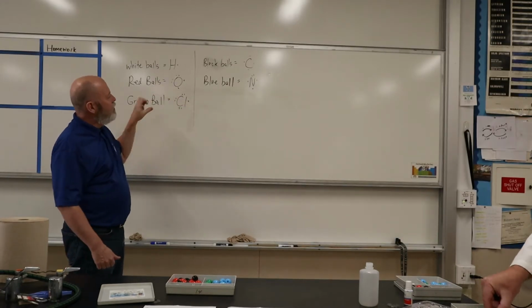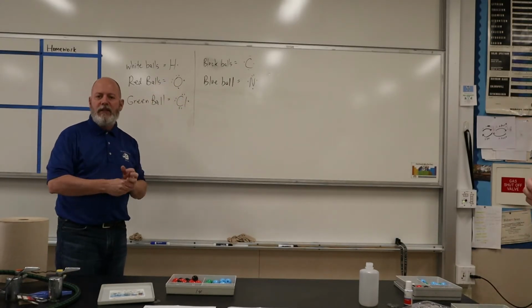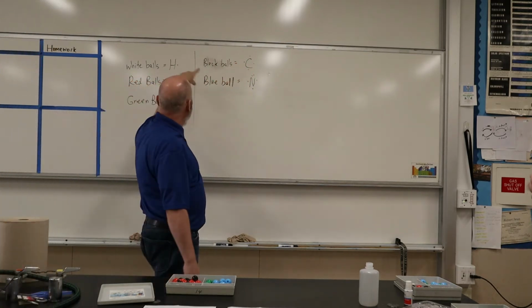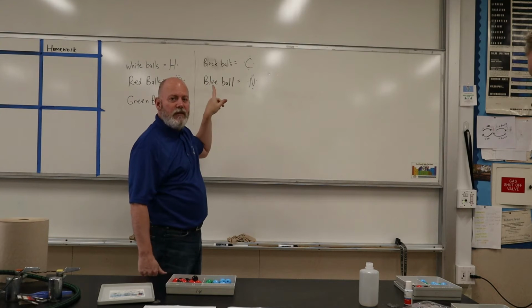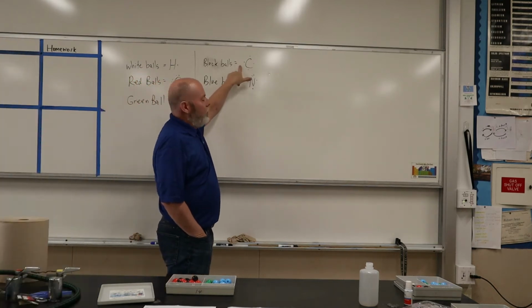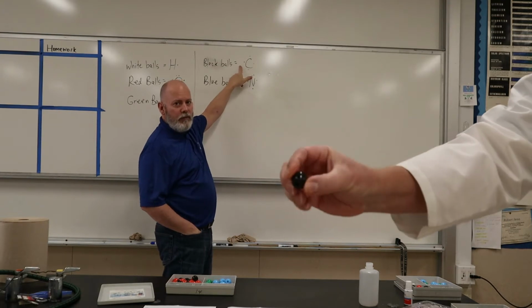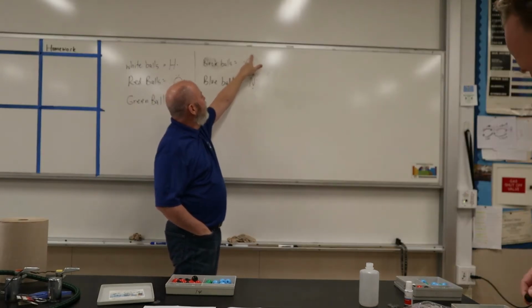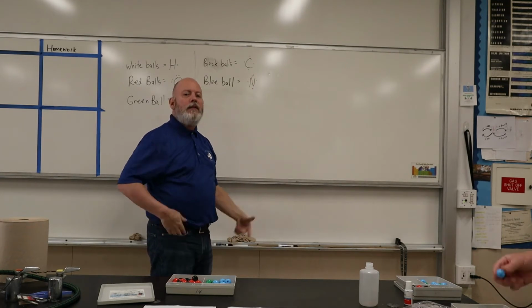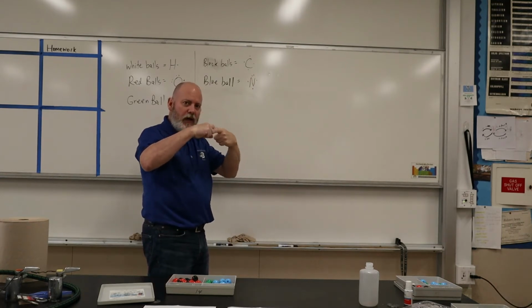Now, there are some exceptions to this. You would learn that later on. But these are the general rules of these main non-metal elements. The black balls have 4 holes in them. They have 4 electrons that need partners to covalent bond.